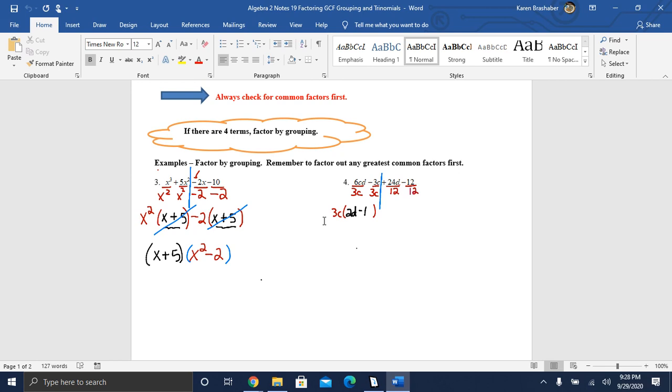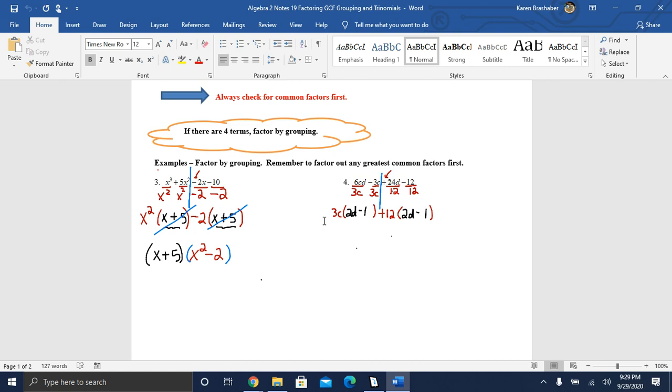And they both do not have a D in it, so I cannot use a D. This is a plus sign, so I have a positive 12 that I'm dividing by. And then let's check out what we get. So 24 divided by 12 is 2, and I have this D. And then negative 12 divided by 12 is negative 1.